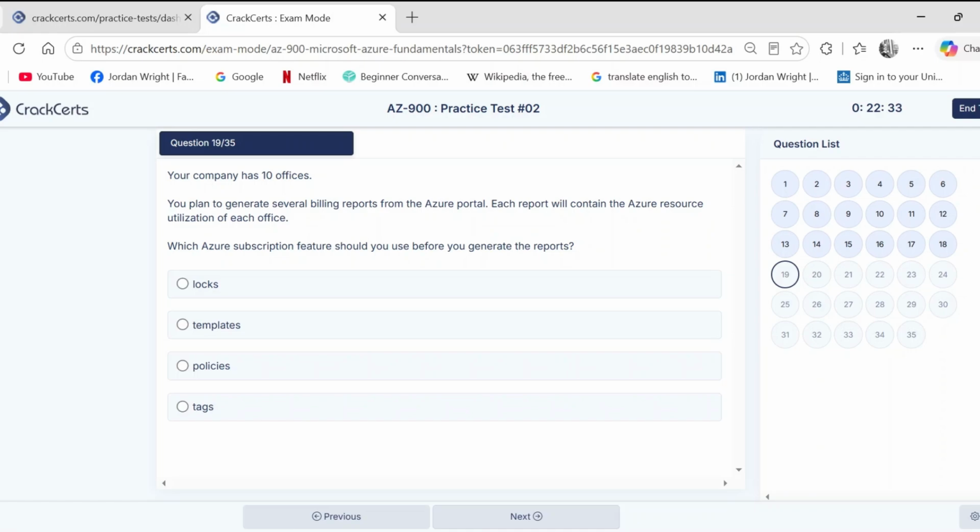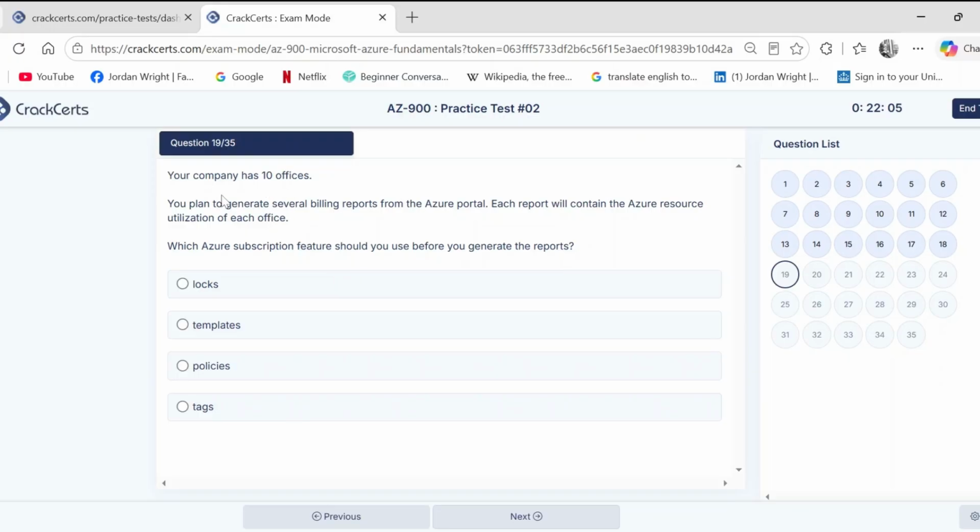The company's got 10 offices. You plan to generate several billing reports from the Azure portal. Okay, which Azure feature should you use before you generate the reports? Oh, wow. Policies? Or templates? I'm thinking templates.